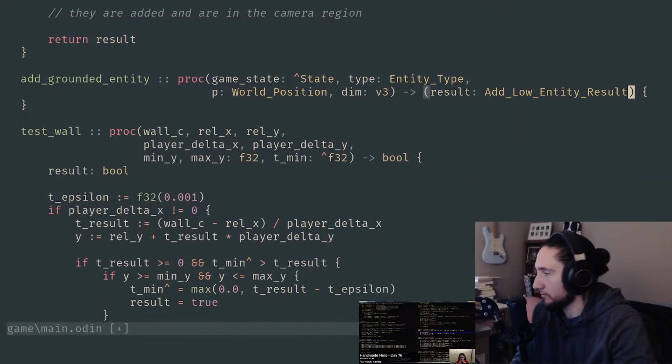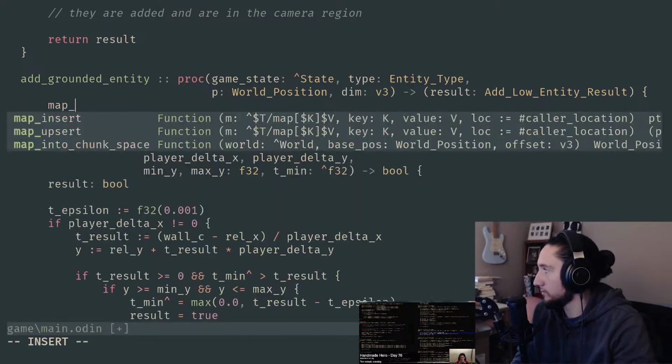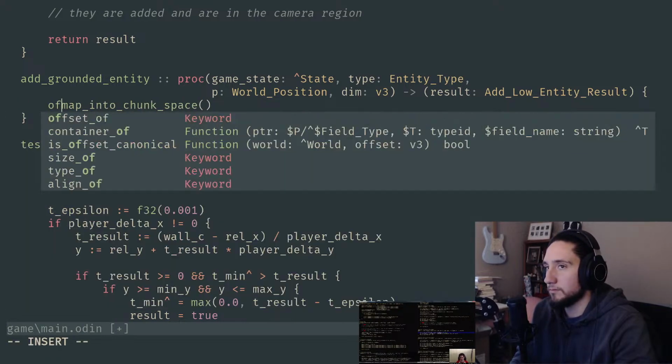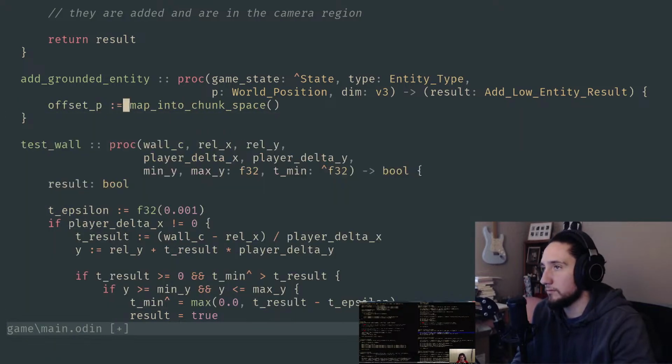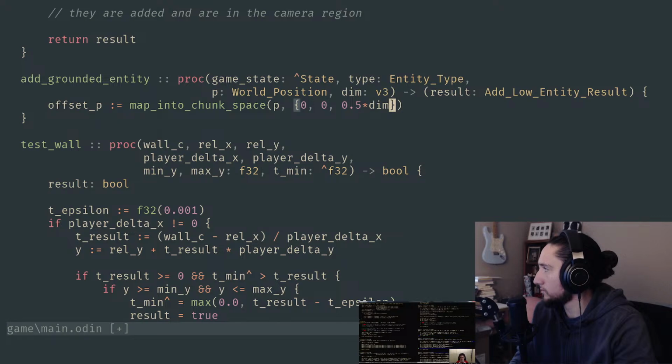So if I do that map into chunk space, world position, offset p, we'll map into chunk space the original p that we got, and then we'll take the dimension. We'll say that we're going to offset it by half the dimension in Z downward. I'm sorry, upward, right? So that we'll move it up to account for that, so that it will be based on the ground properly, but its actual placement in the world will leave the bottom of its bounding box on the ground. All right, so we'll go ahead and return that, and that looks good.